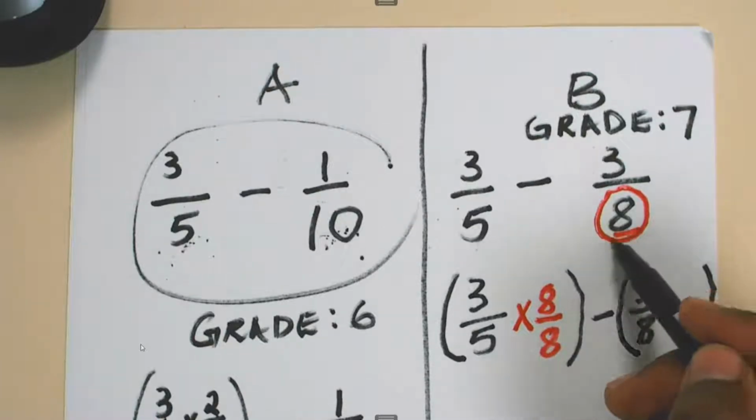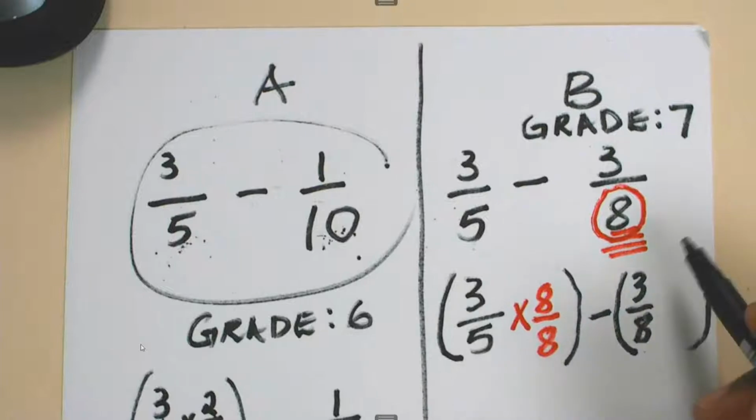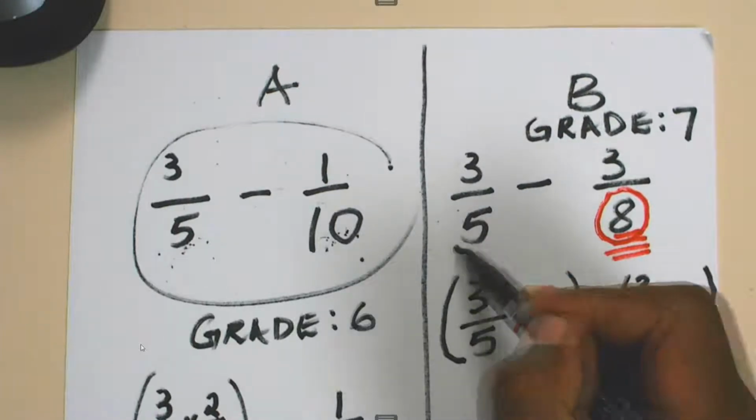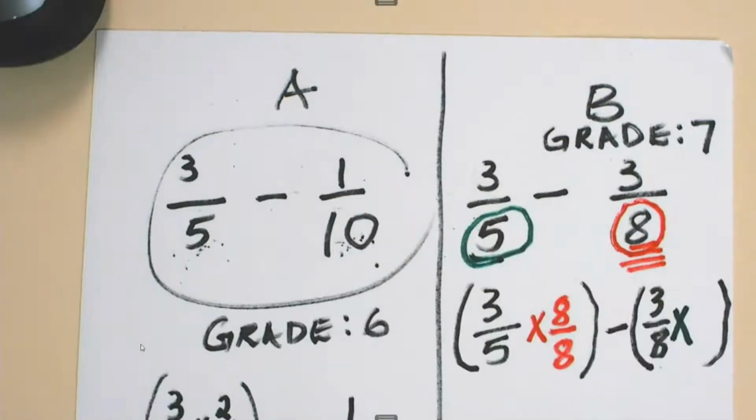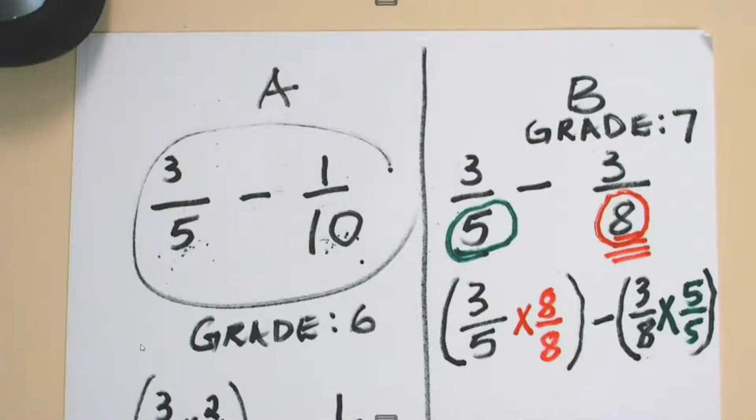It is the denominator of this other side. Now, on this one, we are going to multiply by the denominator of this other side. So we're going to multiply by 5 out of 5. Right? Now let us begin.